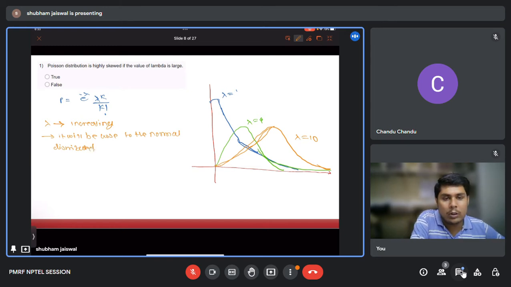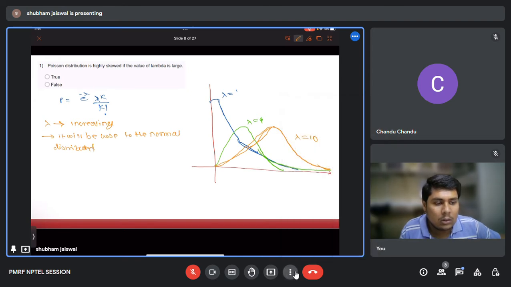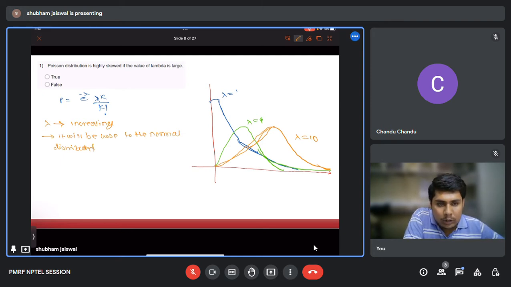So when the data is at the extreme ends of our distribution, that is known as the skewness. Okay.